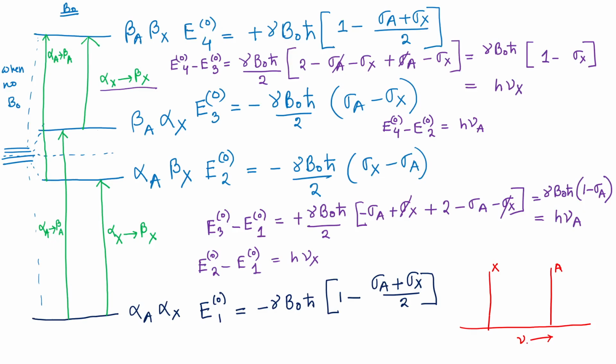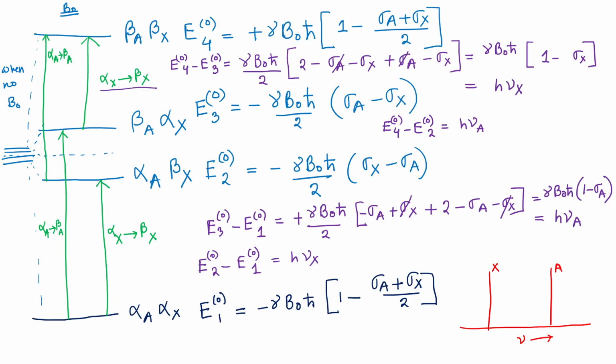In case of nu, but when we say it in terms of delta chemical shift, are we saying the correct thing? Let me check once. Actually, we are saying the same correct thing, but as we have taken the energy to be increasing this side, nu, it is the same.